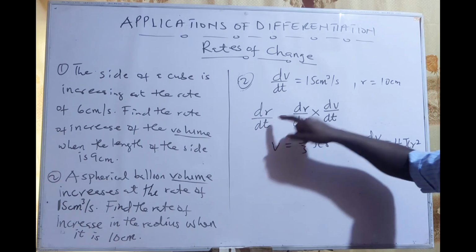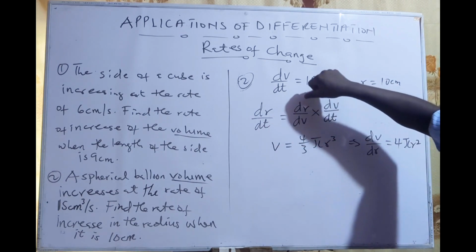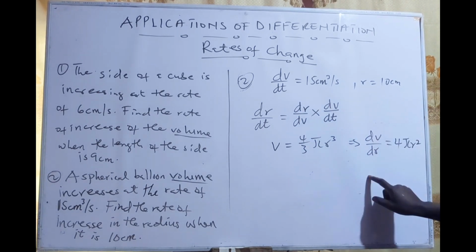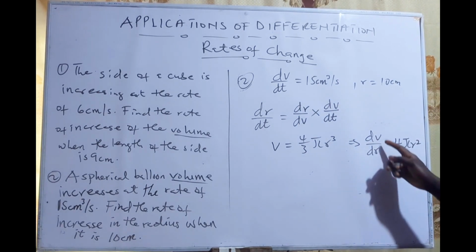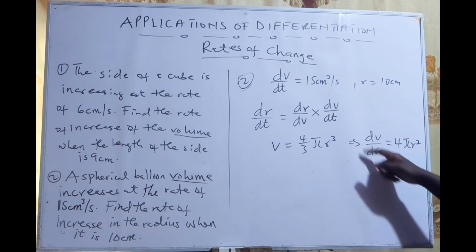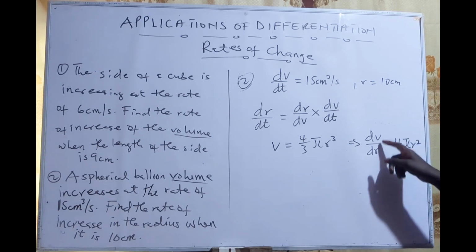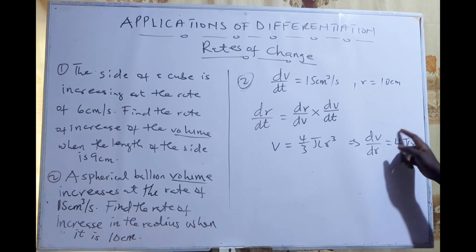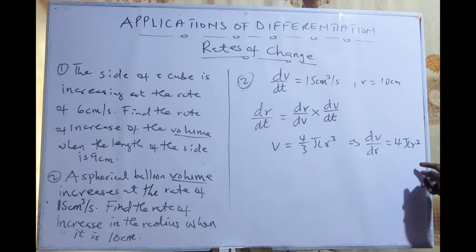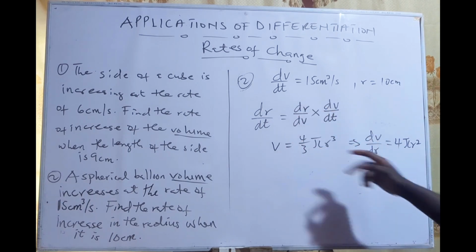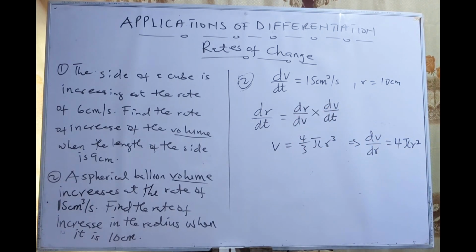However, here I'm supposed to use the rate of change of radius with respect to volume, not volume with respect to radius. So what I'm going to do is find the reciprocal. If I have dV/dr, then to find dr/dV, I just have to reciprocate.